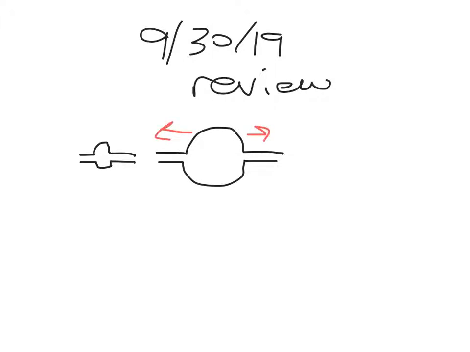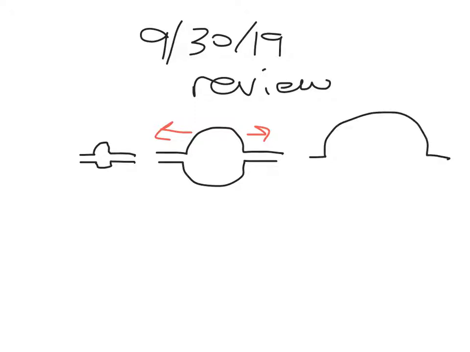Replication bubbles, forks go in both directions from origin of replication. So you start with an origin that's small, comprises maybe 20 or 30 nucleotides, and then grows as the replication forks expand in both directions.